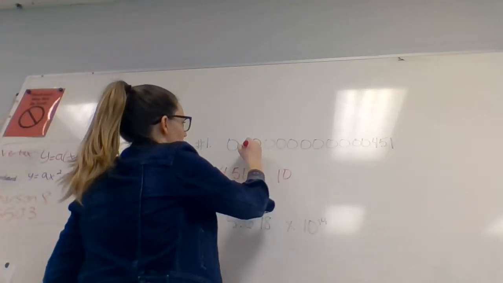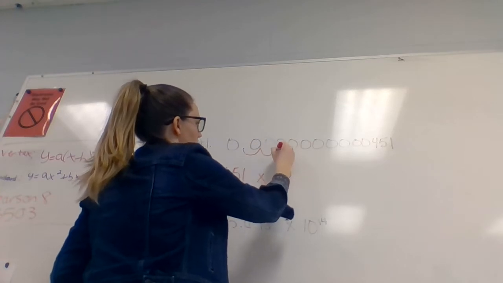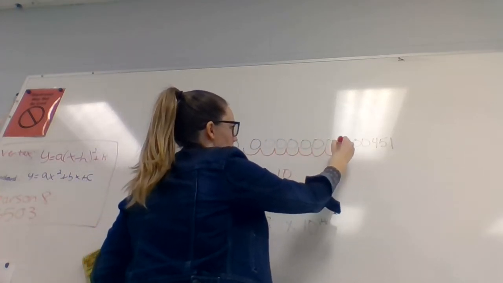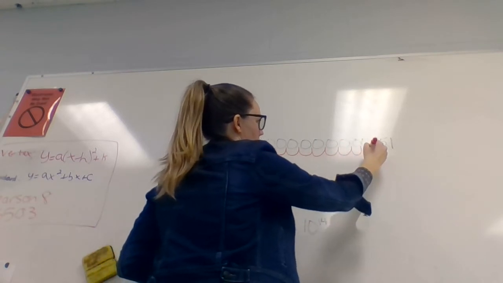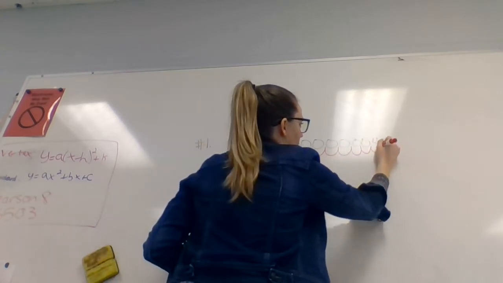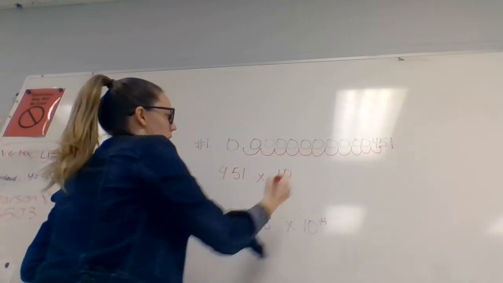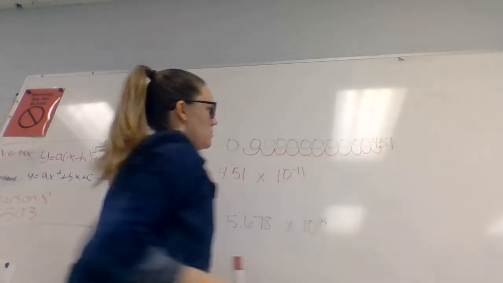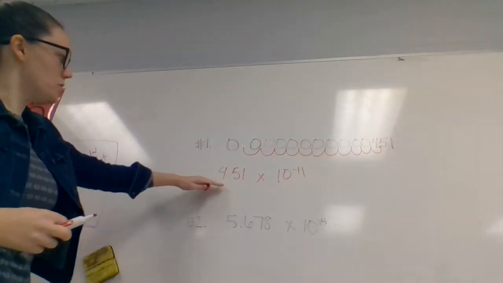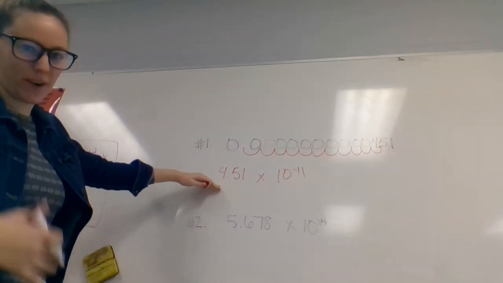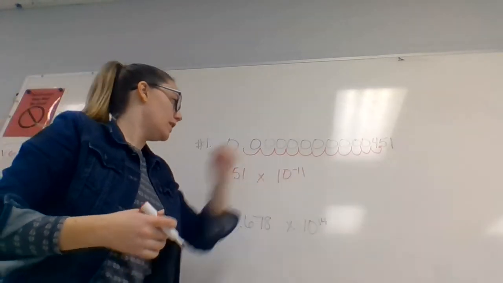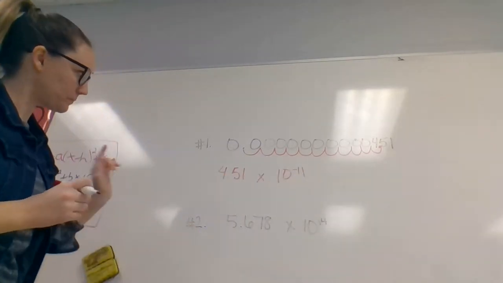So we're going to start at the decimal and go 1, 2, 3, 4, 5, 6, 7, 8, 9, 10, 11. I moved 11 spots over from my decimal to put my new decimal in. So in scientific notation, your number is 4.51 times 10 to the negative 11th.